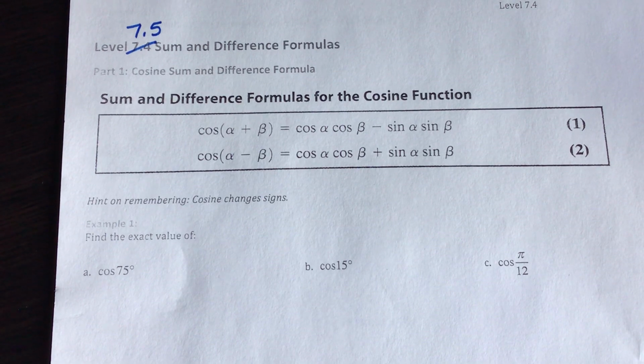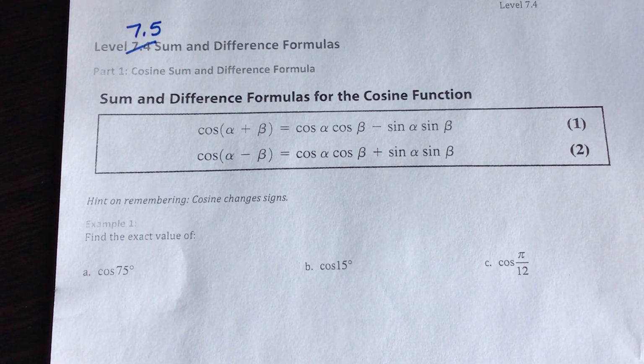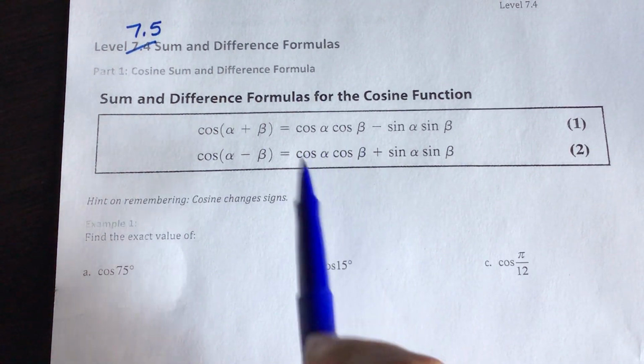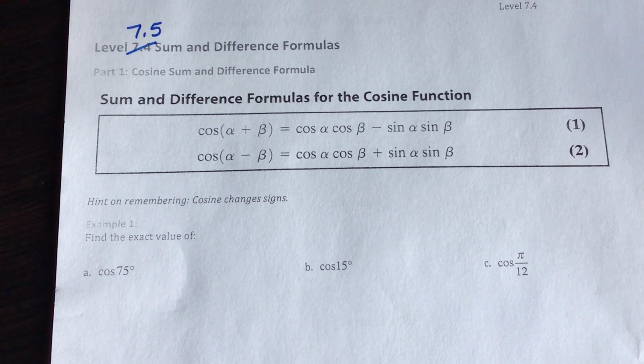So we can use a combination of two different angles, and if we can find two angles on the unit circle, we can use these formulas to help us determine the sine and cosine of those angles.